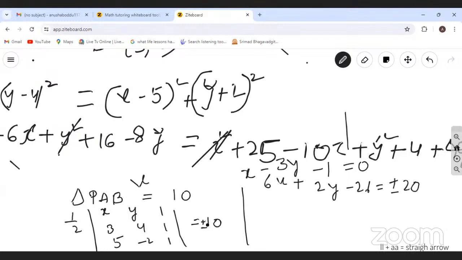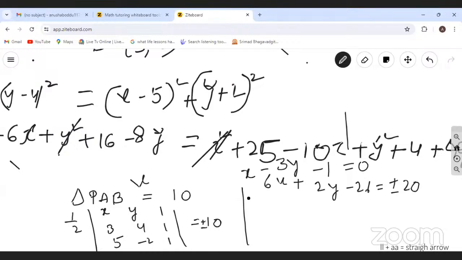You are taking this 2 to the RHS side, so 2 into 10 is nothing but 20. Now you need to take 6x plus 2y minus 26 is equals to plus 20, and 6x plus 2y minus 26 is equals to minus 20. There you will get two equations, right? What are the two equations you will get here?